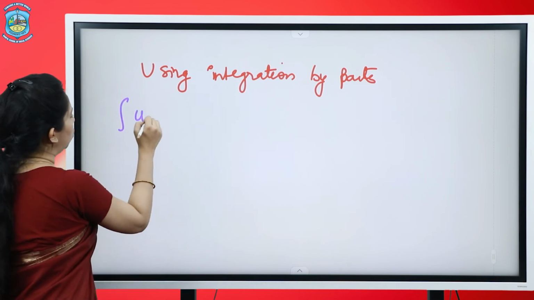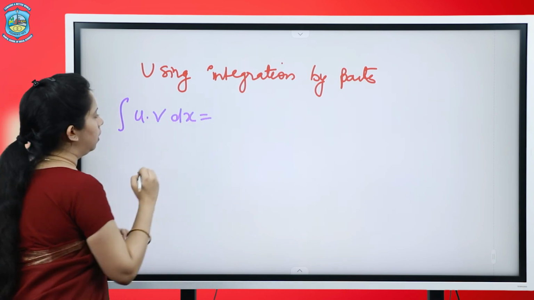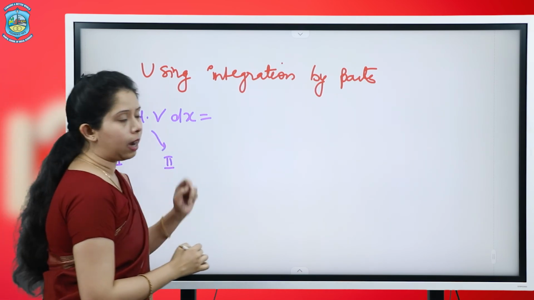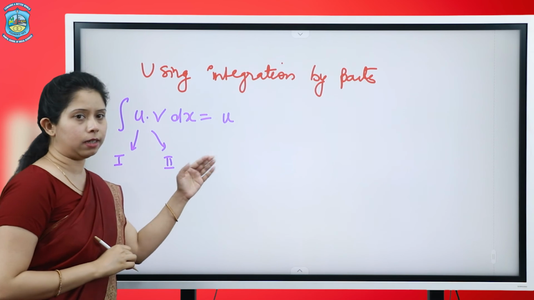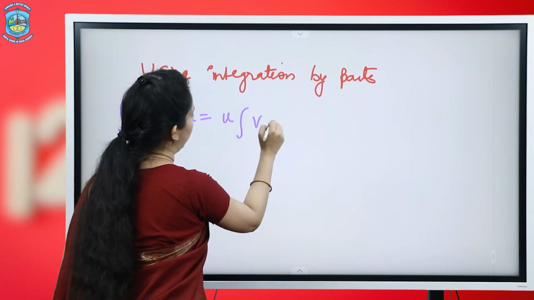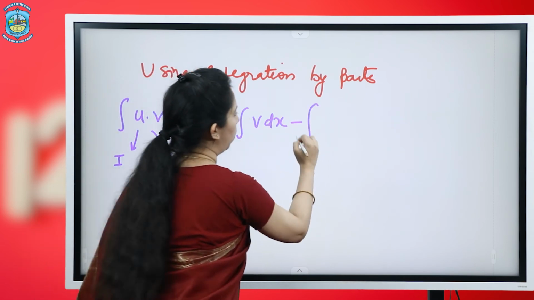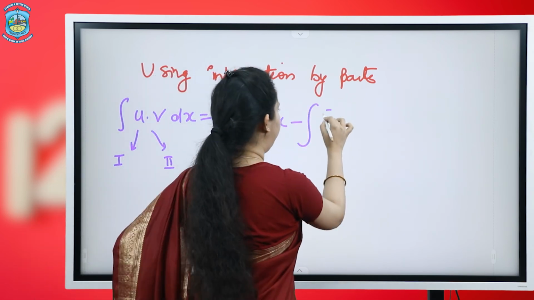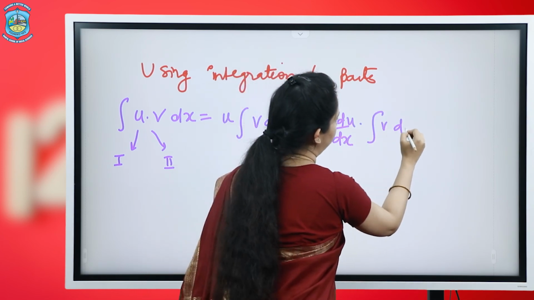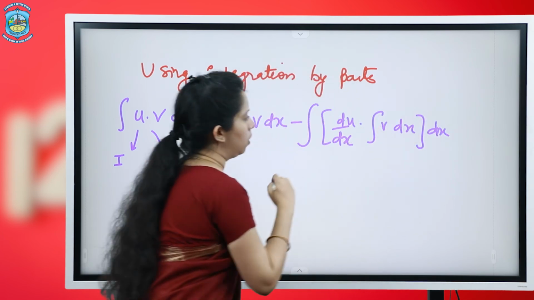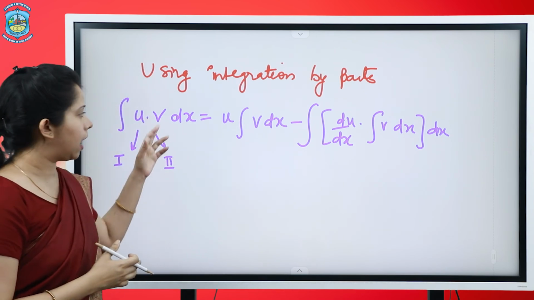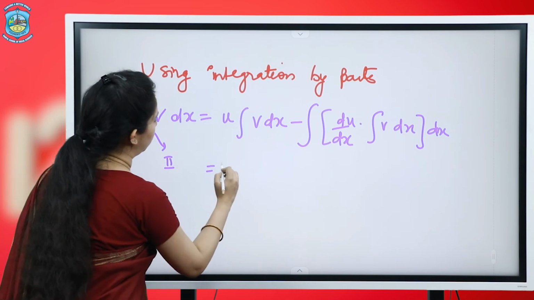Integration of u times v dx, where u is the first function and v is the second function, is equal to the first function as it is, integration of the second function, here v dx, minus whole integration, differentiation of first multiplied by integration of second dx. As we have already discussed, the first function is log x and the second function is 1, so we will substitute the values.